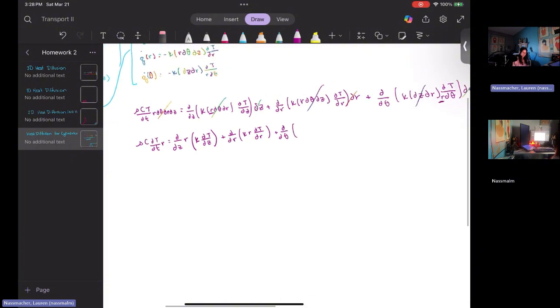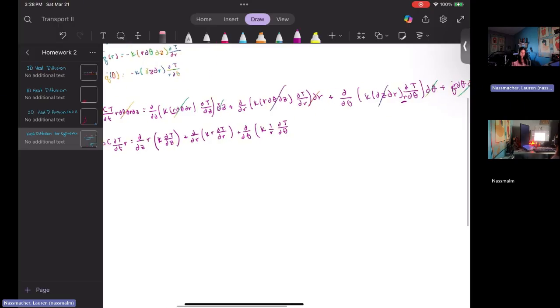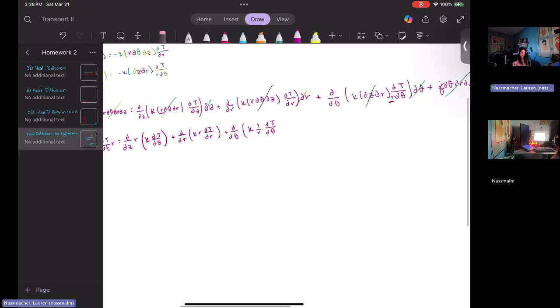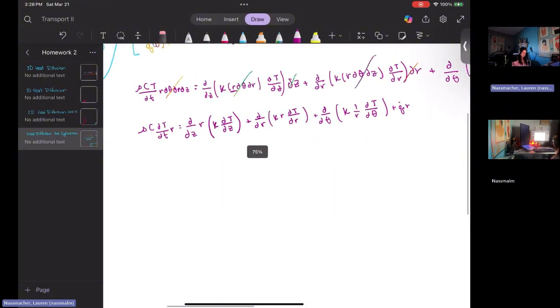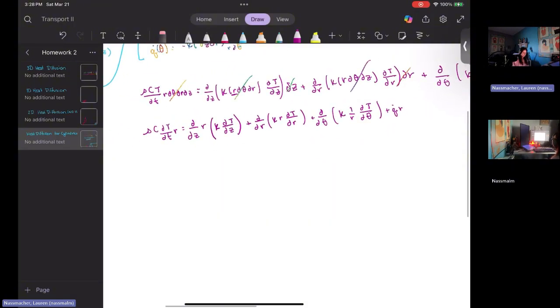Once again, you cannot take the radius out of this equation either because you need it in order to transform our change in theta to a number that is able to connect with the other numbers. Otherwise, it will be in the incorrect units. Plus our heat flow multiplied by our radius. So let's take derivatives and cancel out our radii.